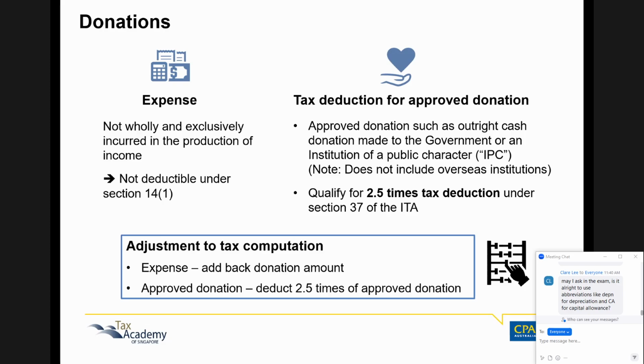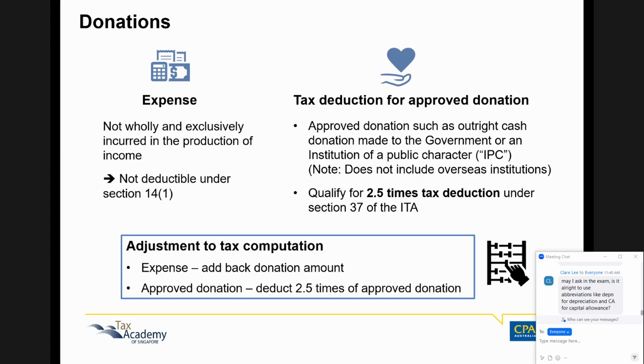An outright cash donation made to the government or an IPC; this does not include overseas institutions. So overseas institutions cannot. In exams, I won't expect you to know which are the IPCs. If it's an IPC, then I would provide the info that it's an IPC. For that donation part, you can actually claim 2.5 times.